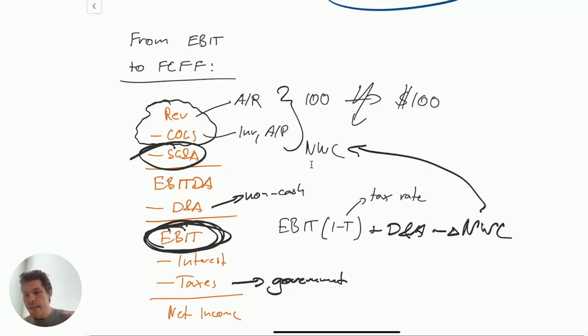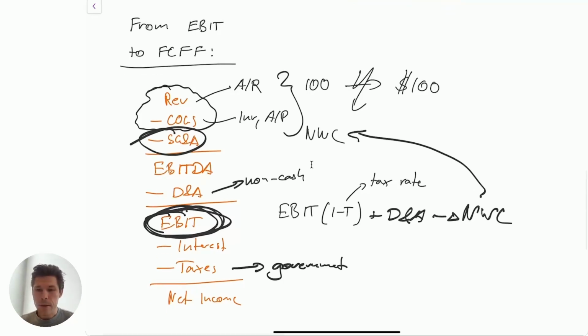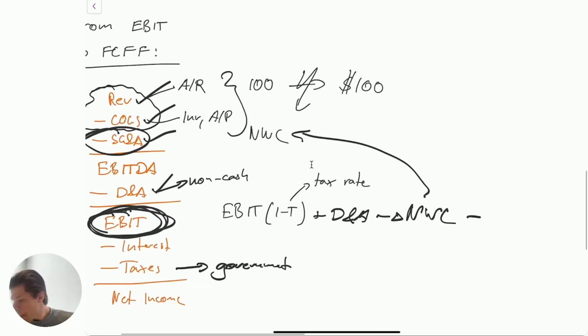SG&A is mainly periodic, so it's not too critical, whereas for revenue and cost of goods sold there is a big timing difference between when it's recorded and when cash is received. SG&A, net working capital, D&A we did, and the last one is CapEx.